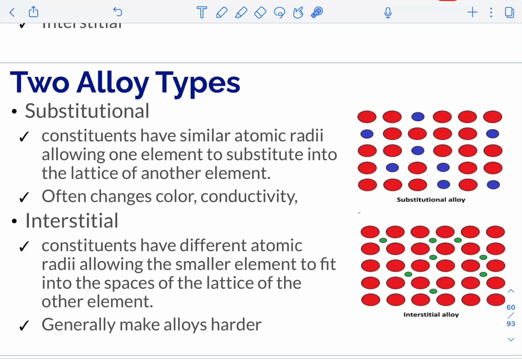The interstitial is when you have the pattern, and you'll notice none of those red balls are replaced, but you'll have the other metal atom in between them. And if you remember from the last time we did alloys, this one happens when the metals are close in size, and this one happens when they have very different sizes.